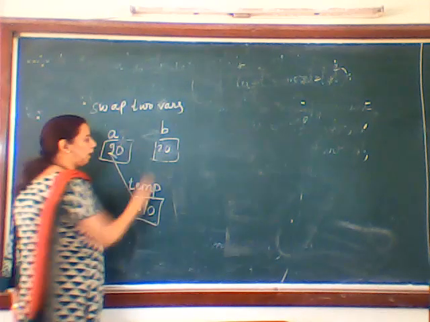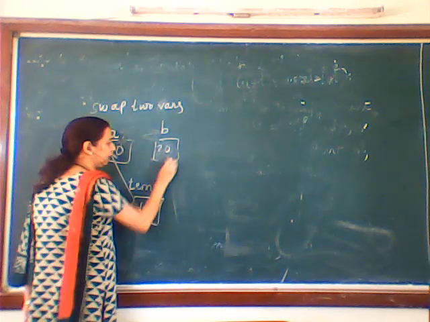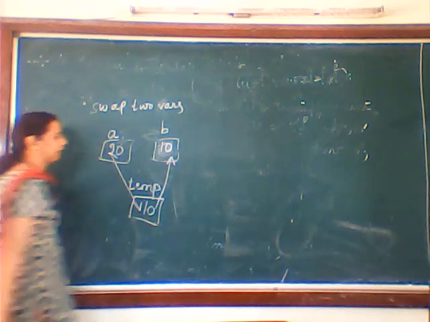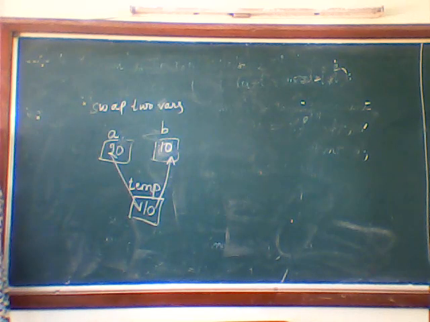Alright? Now I can replace this here. In B I can store 10. So this will get overwritten and this will become 10. So now we didn't lose both the values, because one of the values we copied to a temporary variable. We call that temporary variable temp, and that is how we were able to exchange the two values.